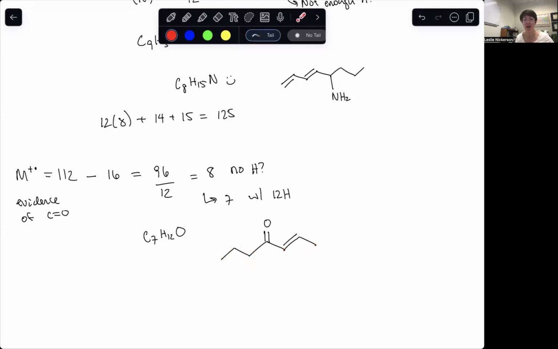Perfect. So we've got something like that. It looks like a pretty reasonable structure. That's not a bad one to go on. And again, we'll do our little double check here. So 12 times 7 plus 12 plus 16 is 112.